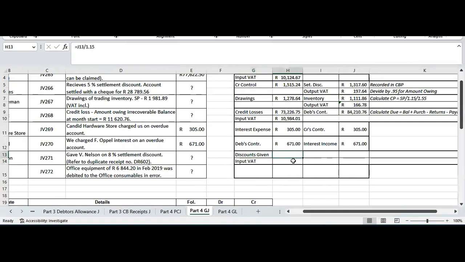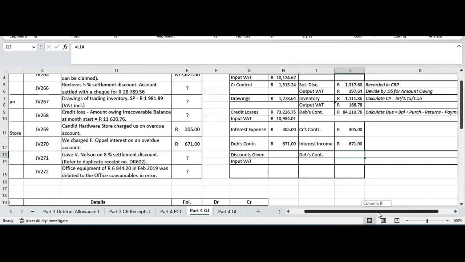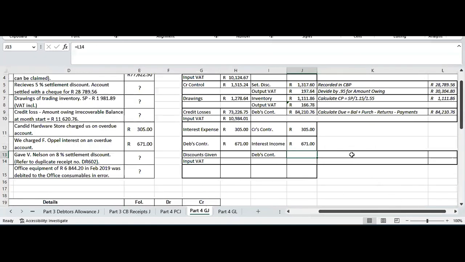And then here, the one that is credited is, of course, our debtors control account. Now, let me just see what I did here.